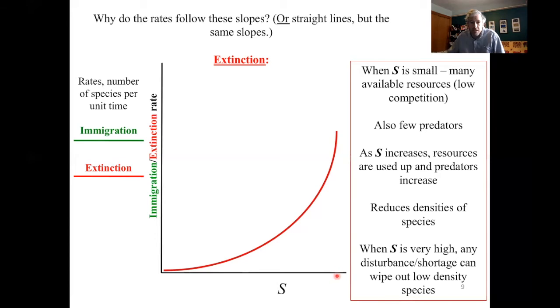So when species richness is very high, it means we've got lots of competition, lots of predation, and that means that a lot of species will end up going extinct because they get outcompeted or their prey species get overexploited by their predators. So at very low species richness, we have low competition and low predation. At high species richness, we have high competition, high predation. So at high species richness, we get higher levels of extinction than at low species richness. Okay.